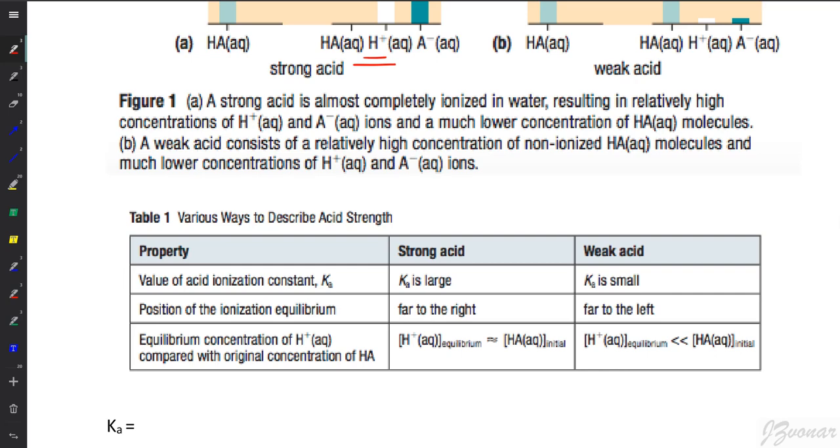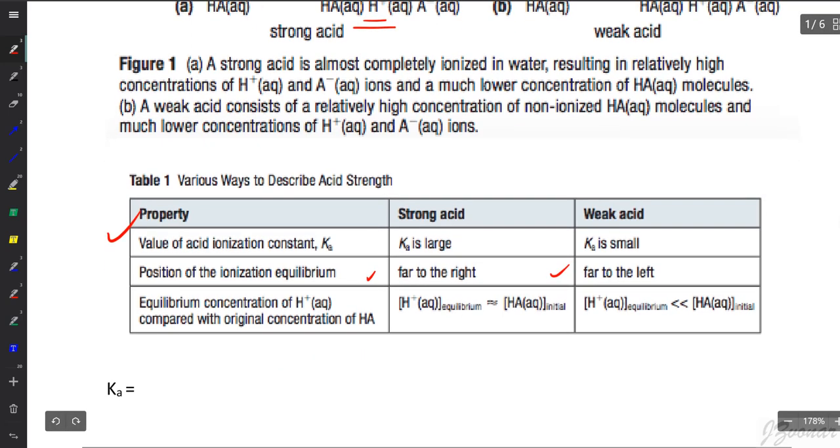That's a good indicator of the strength of an acid. It also gives us the position of the ionization equilibrium. For a strong acid, it is to the far right with respect to the reaction, while weak ones tend to be more to the left.